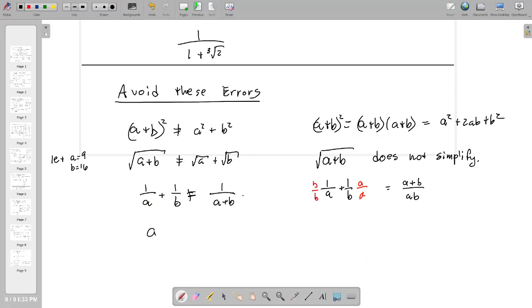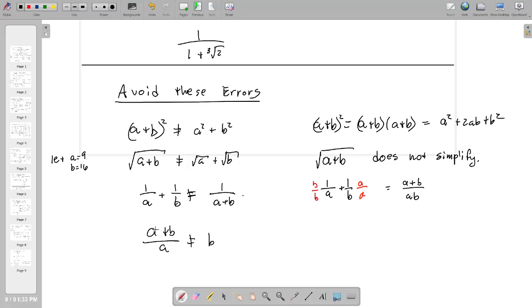Another one, a plus b divided by a is not equal to b. Now this one's a lot more common. People will try to cancel these a's. Now, you need to think about why this is not possible, why we cannot do this.